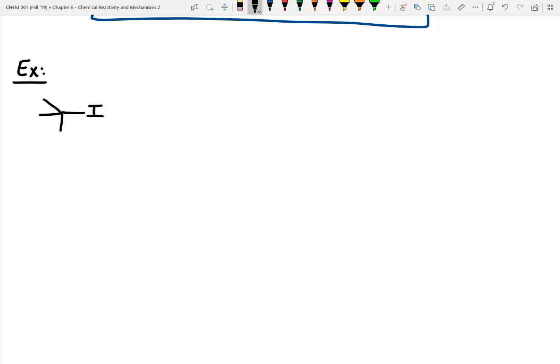Not quite. So longest backbone. We've got a group coming off here and here. What would this be called? It'd be 2-iodo, 2-methyl, then what? Propane.